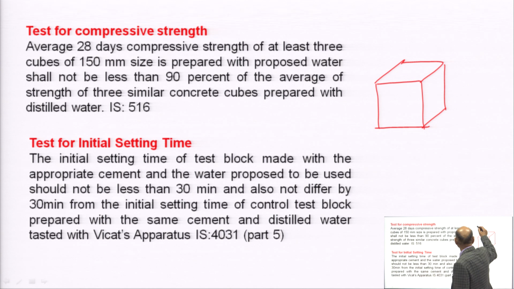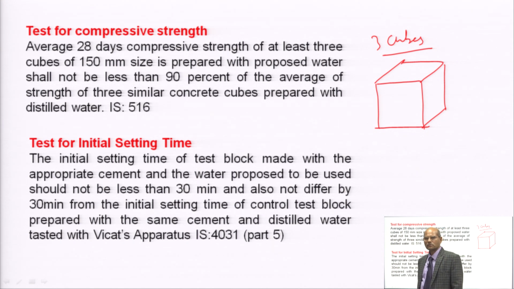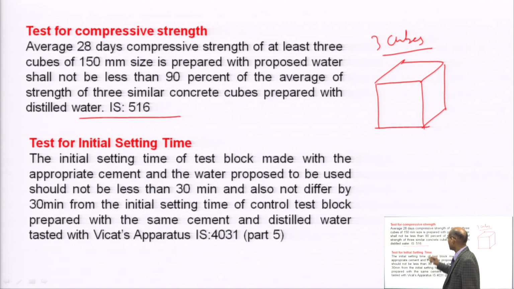So, how many cubes? At least 3 cubes, and again you take another 3 cubes made with distilled water, and you test according to IS 516, because a certain procedure has been laid out for testing, like speed.